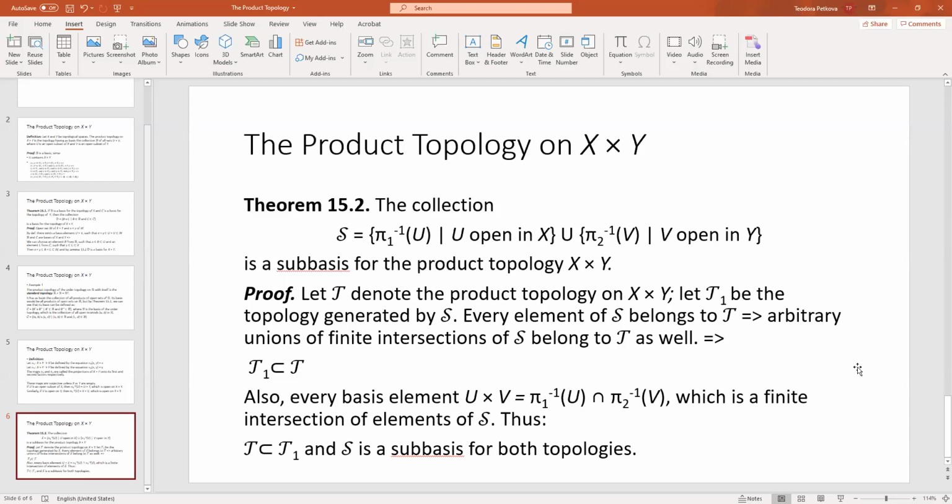So the topology generated by this subbasis would be the collection of all unions of finite intersections of its elements. I'm going to write this down and think a little more about it.